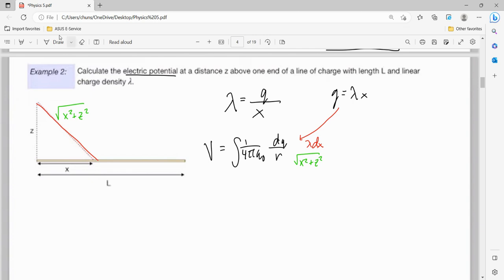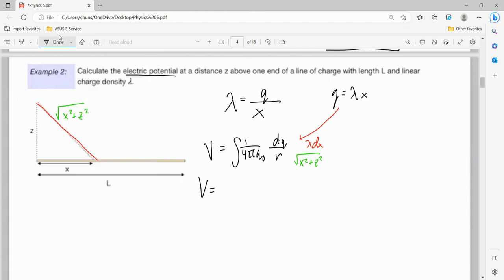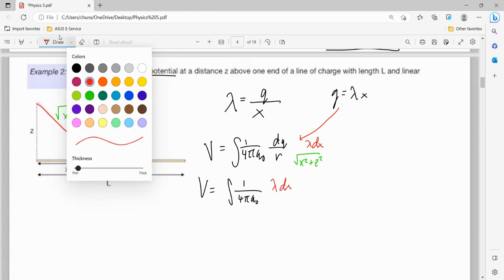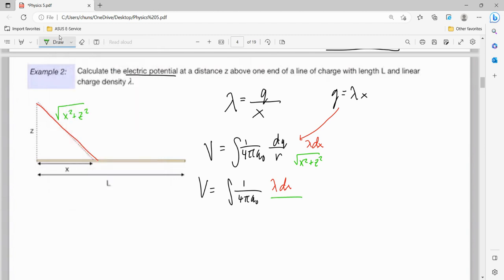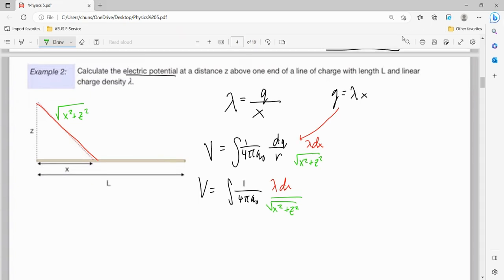Right, so if we write this equation, this becomes 1 over 4 pi epsilon 0 times lambda dx, and that's over our separation distance of x squared plus z squared. And in this example, we are varying the length of our x.